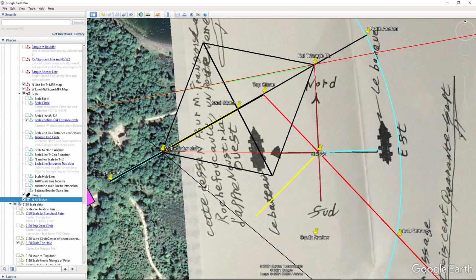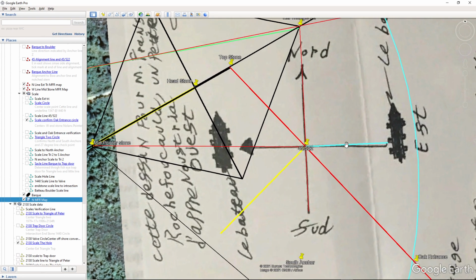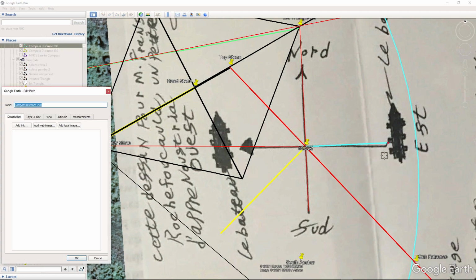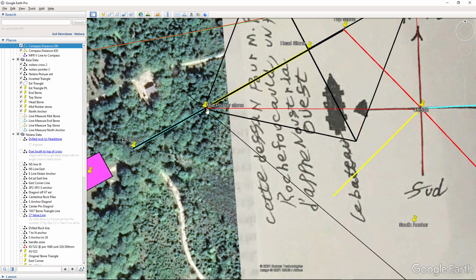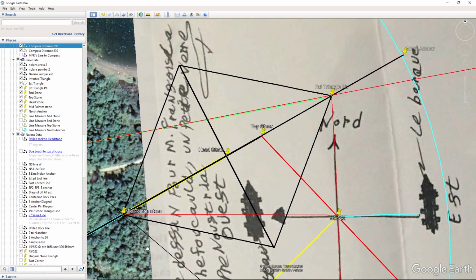Now, the funny thing about this is this right here, if you take the same measurements as you did from the tick point to the end of the tick point to the center here, the measurement is 290 feet. That is the measurement from the end stone to the midstone, and from the extension triangle to the north anchor.